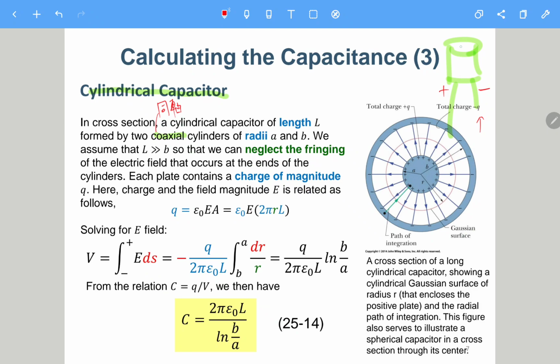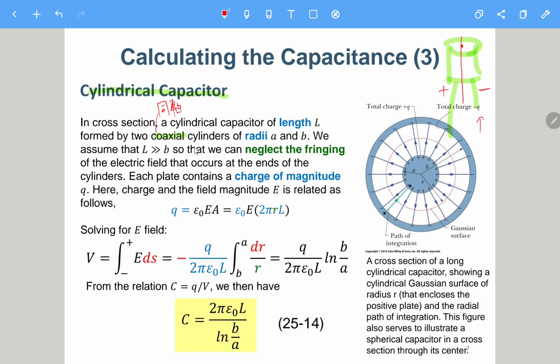The axis means if you have a circle, for each cross section it is a circle, so you can have a center of it, and then if you draw a line perpendicular to the plane, this is the so-called axis. This axis is perpendicular to the cross section and also goes through the center point. If two cylinders have the same axis, they are called coaxial, 同轴.